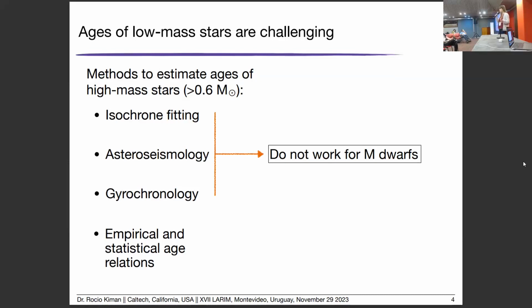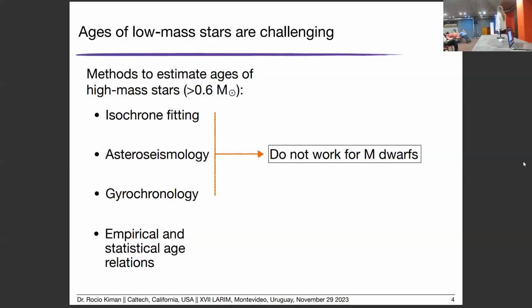So there's a lot of uncertainty when using isochrones to try to get an age. Asteroseismology: we haven't found pulsations on M dwarfs yet. And gyrochronology: we don't really understand how the rotation period of an M dwarf evolves. There are some tries and we're getting close to that, but we still don't have a well made picture of the evolution of the rotation period.